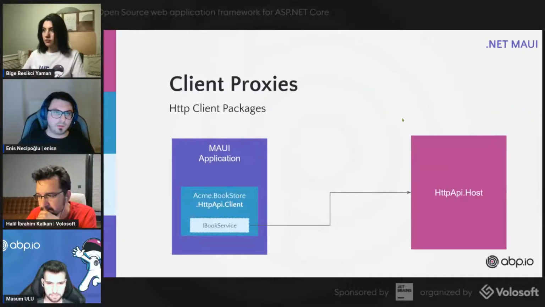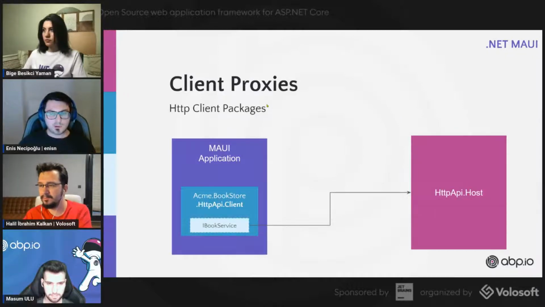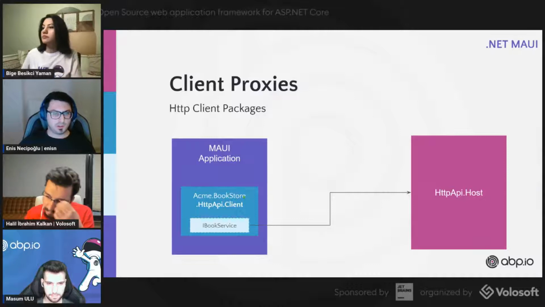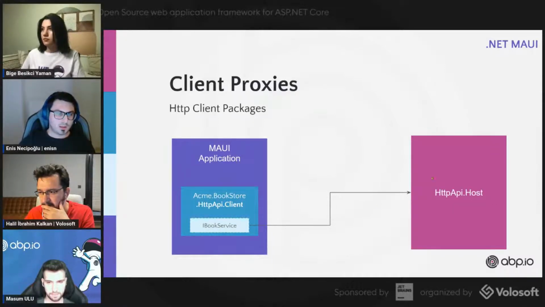So let's continue. The client proxies make your development really easy. For example, in that case, I say Acme BookStore. For example, you have a module package like that. When you add your HTTP API client package to your application, you can inject your application service interface into your class, and you can call your HTTP API host over this application service interface.